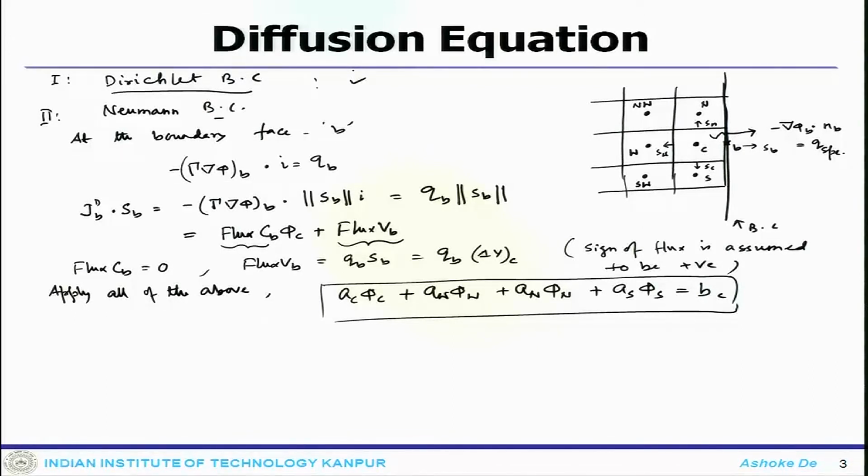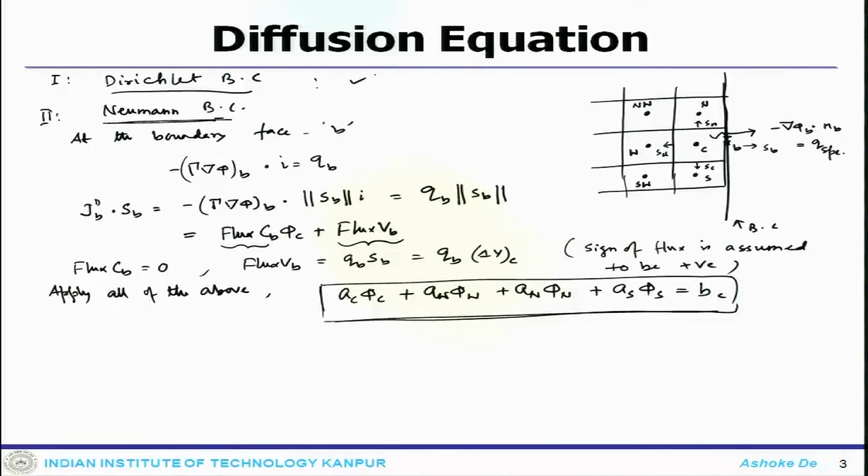But that does not mean they would be of similar expression. The discretized system looks similar, the reason being both boundary conditions, whether phi is specified, the Dirichlet boundary condition, or the Neumann boundary condition which we are currently discussing, have been applied at this particular face, which is the east face.